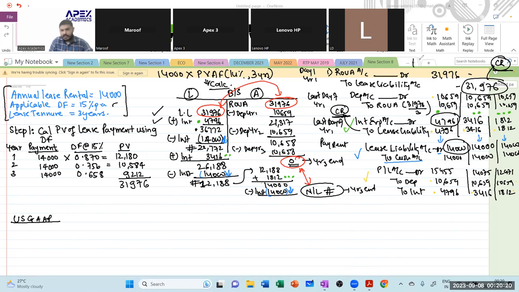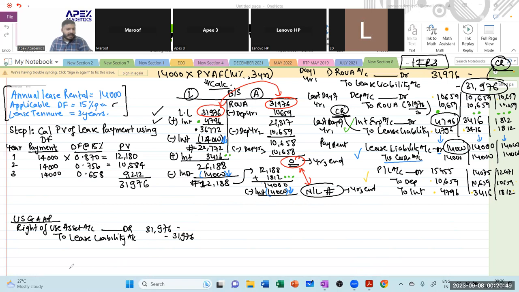My dear friends, what was this? This was IFRS. Now let's look at US GAAP. The initial entry stays the same. Now comes the next entry.